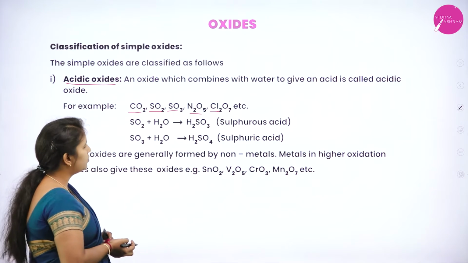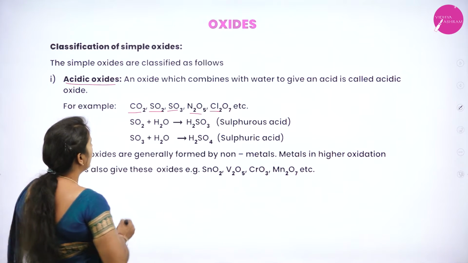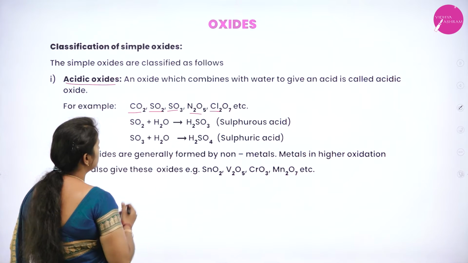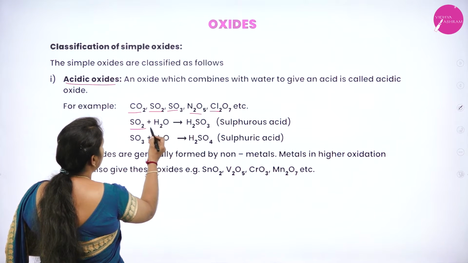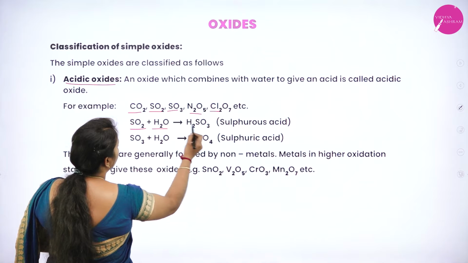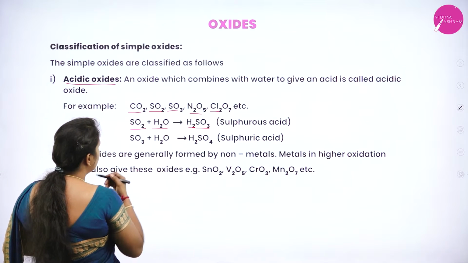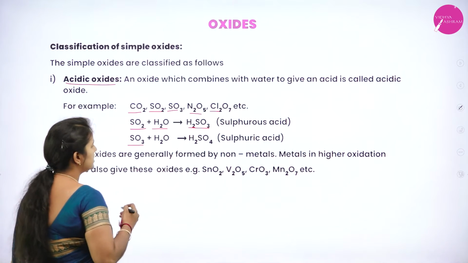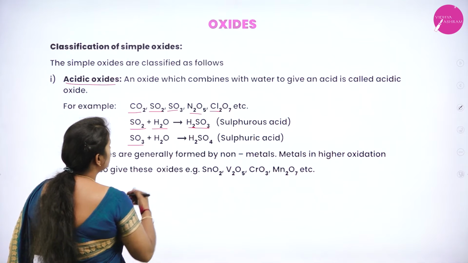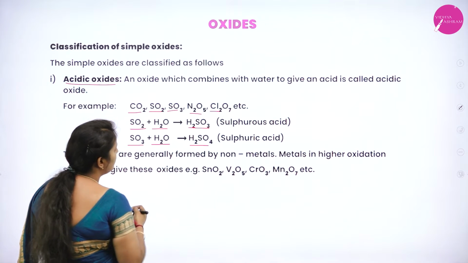Here we have two reactions. Sulfur dioxide reacts with the water molecule to form sulfurous acid. Similarly, SO3, that is sulfur trioxide, can also react with water to form sulfuric acid.